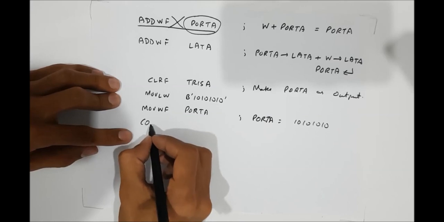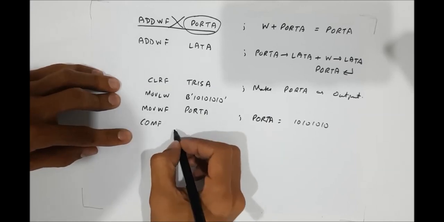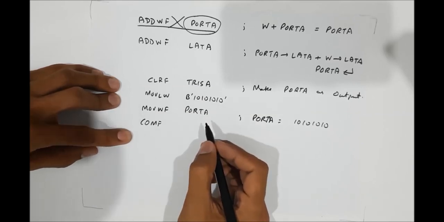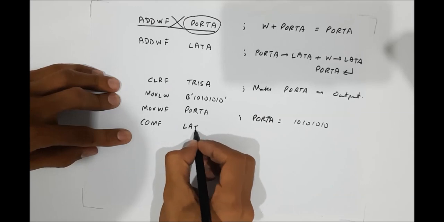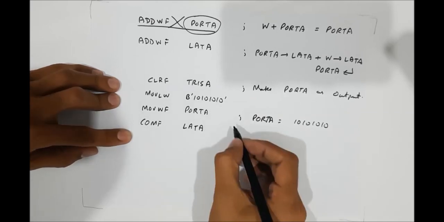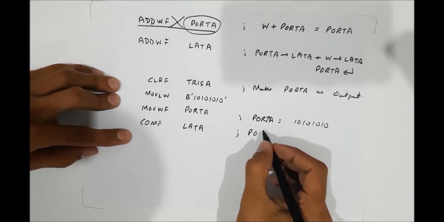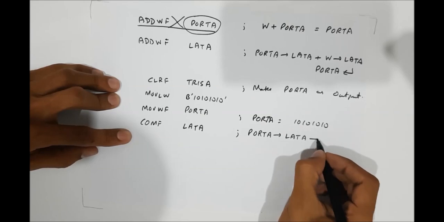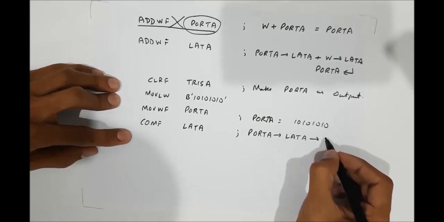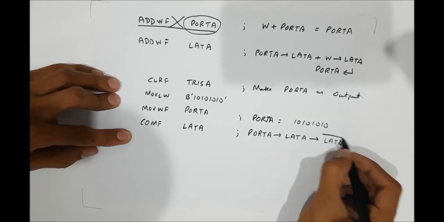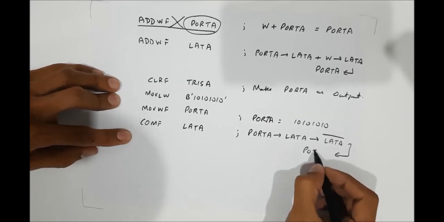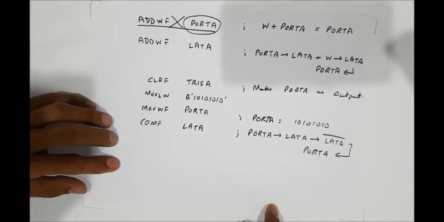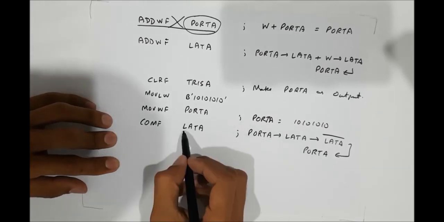Now we want to complement this port A, COMF PORTA. Now we cannot write port A, we will write LATA. What this will do is, this will copy the contents of port A to latch register, then it will complement LAT A, and then it will copy it back to port A. All this will be done automatically, but you will have to choose the latch A here.